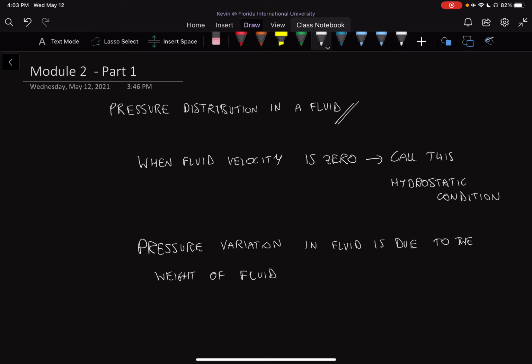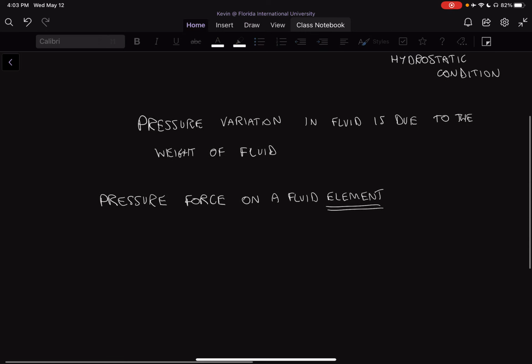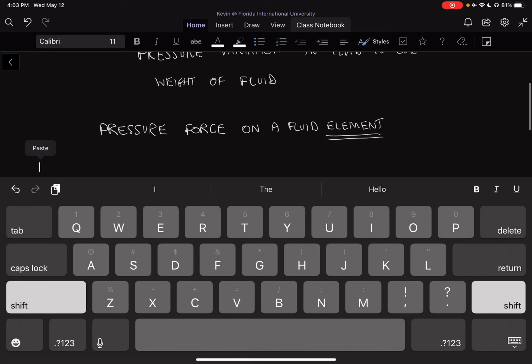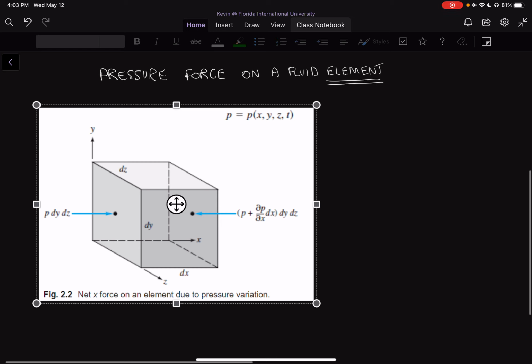Let's look at an illustration of this in terms of a little diagram. Let's look at the pressure force and try to understand what the pressure force is on a fluid element. To do this, I'm going to copy over a figure from your text, which is also available in your Module 2 handout.